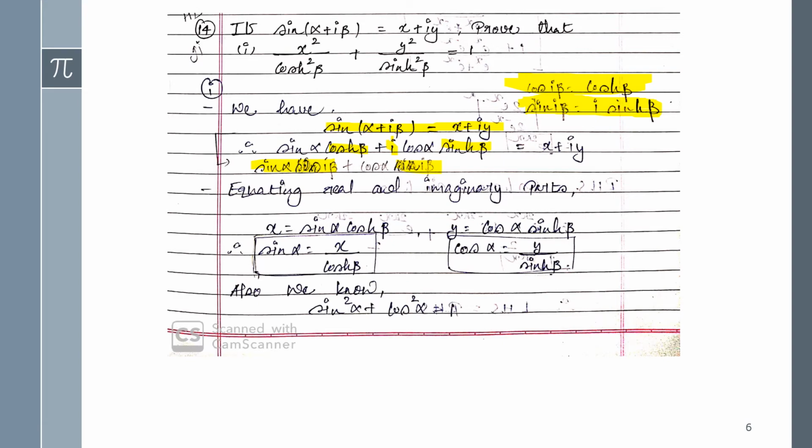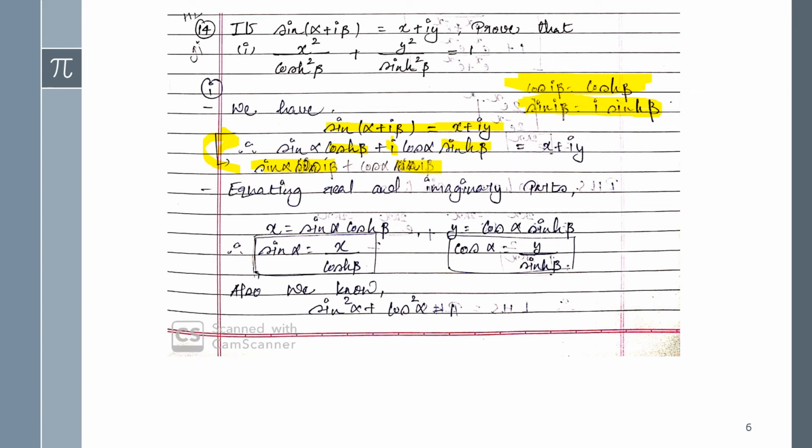See, first of all I have simplified the bracket as sine of alpha plus i beta, that is, sine into cos plus cos into sine. This one I have written here in the third step, and this came from the third to the second one.